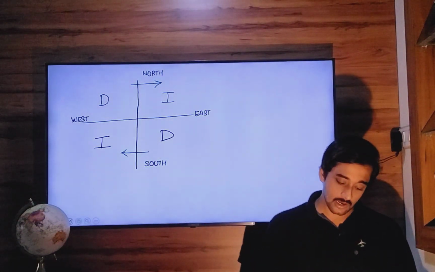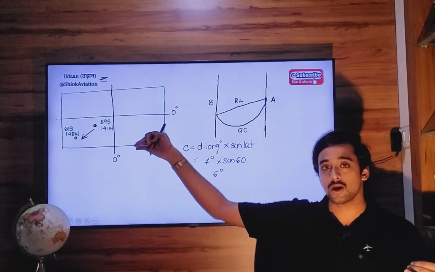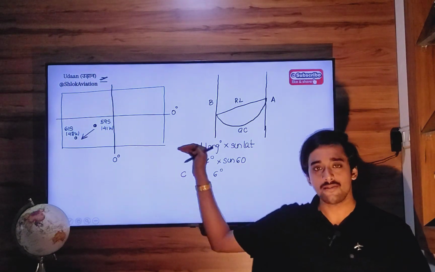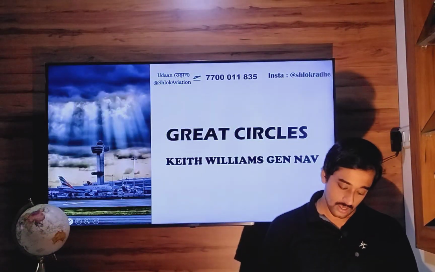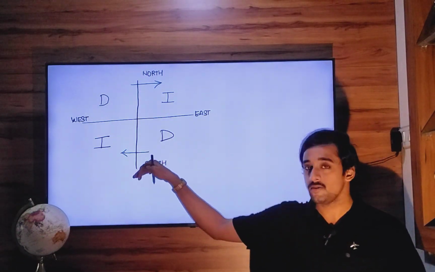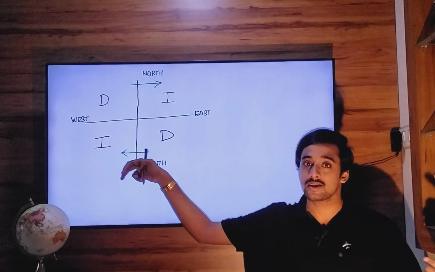Now in this particular question, we are in the south hemisphere, flying in the direction of southwest, meaning we are flying in a westerly direction in the southern hemisphere. So the great circle direction will increase.